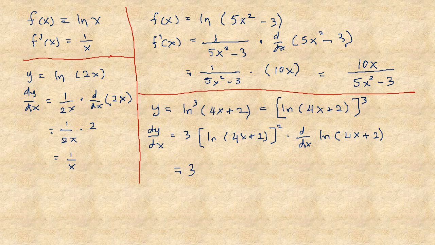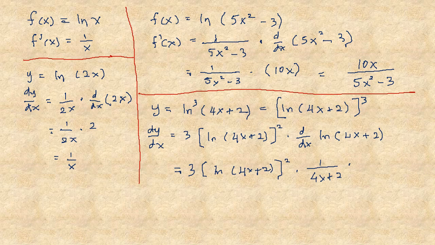So we get 3 multiplied by (ln (4x plus 2)) to the power of 2, multiply by, and then we differentiate ln (4x plus 2). Differentiate ln, we will get 1 over 4x plus 2. And then we will differentiate the function in the bracket.